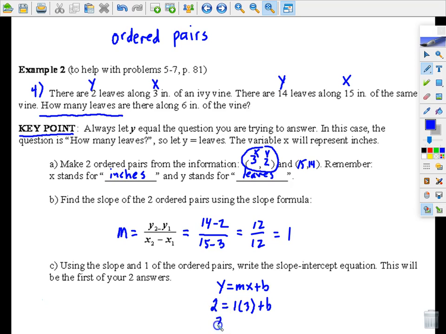Simplifying, we get 2 equals 3 plus b. Subtracting 3 from both sides, we get our y-intercept, which is -1. So with a slope of +1 and a y-intercept of -1, I can now write my model: y equals +1x minus 1.